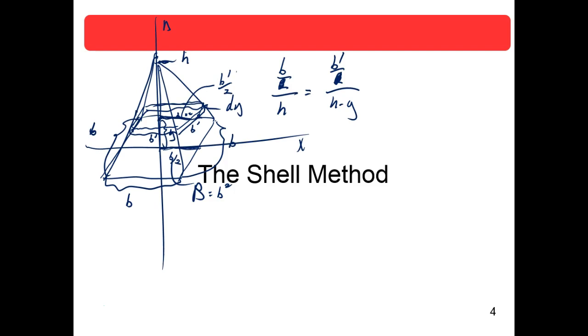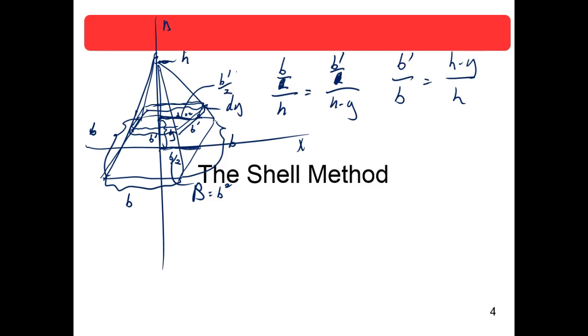Now, they did it backwards from what I did. Of course, well, they did it sideways from what I did. They wrote the b prime over b, moving this here, moving that up top, would then be h minus y over h. It doesn't matter which way you set it up, but those are all equivalent, okay?